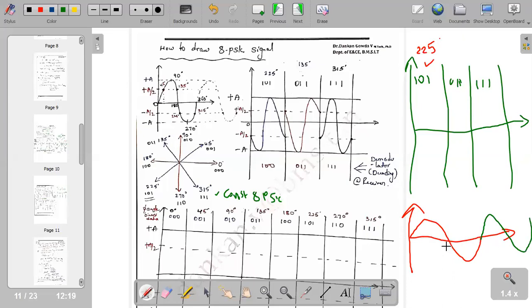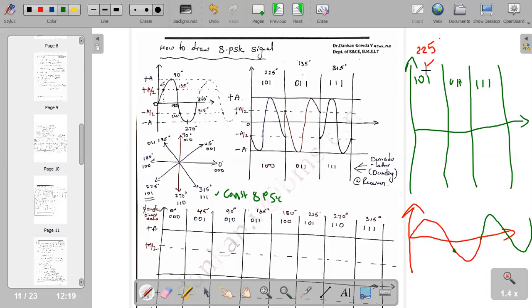Where the 225 comes here, at this point, I have written all the phase angles with their amplitude levels. Observe 0 degree, 45 degree, 90 degree, 135 degree, 180 degree, 225, 270, 315, and 360 degree.